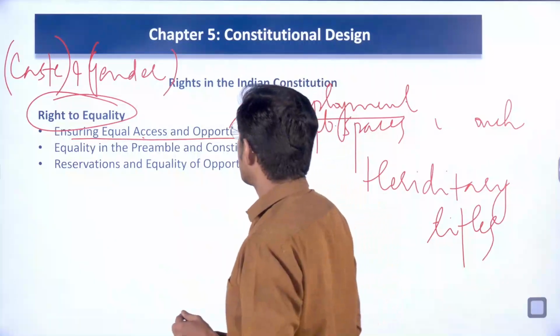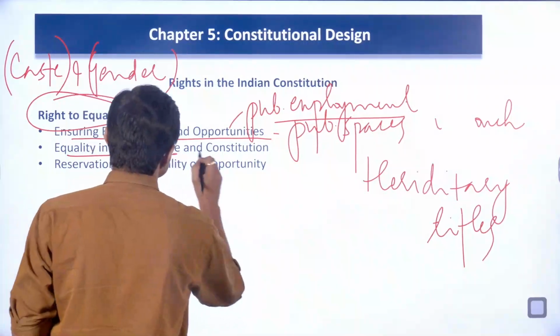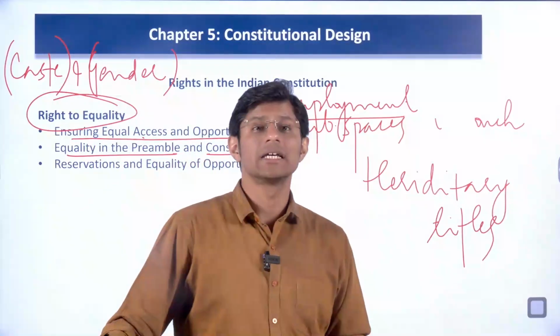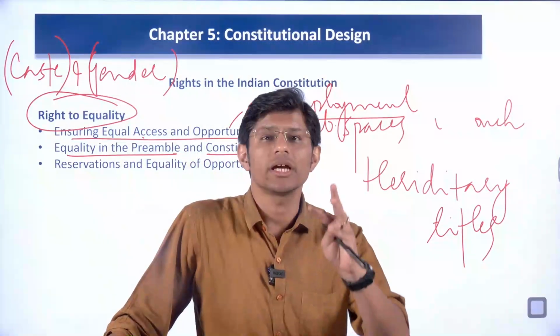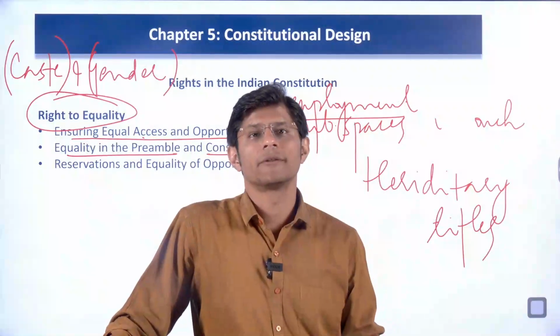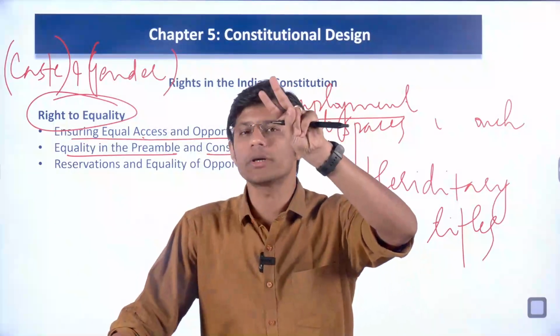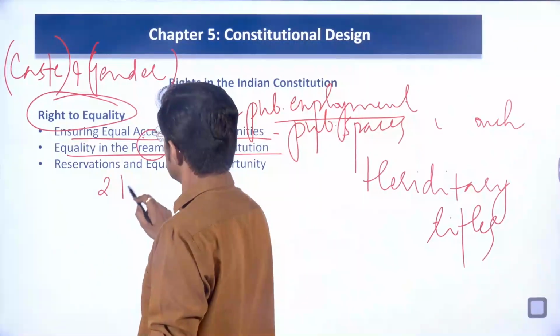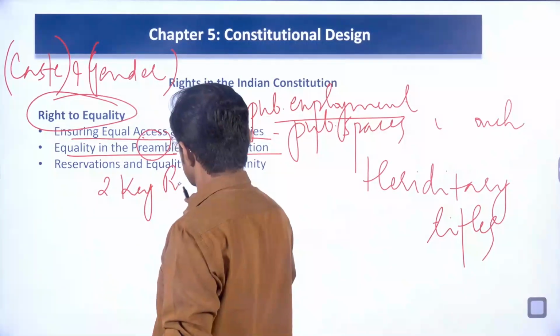Now we'll understand equality in the Preamble and the Constitution. Preamble we discussed in the last class. It is the introduction to the Indian Constitution. The Preamble upholds two key principles.